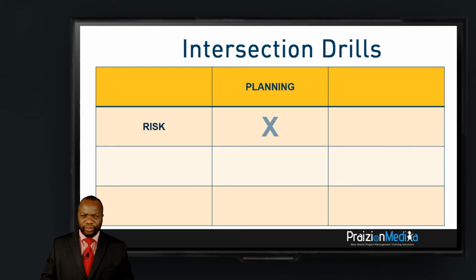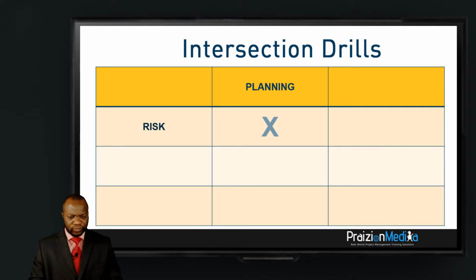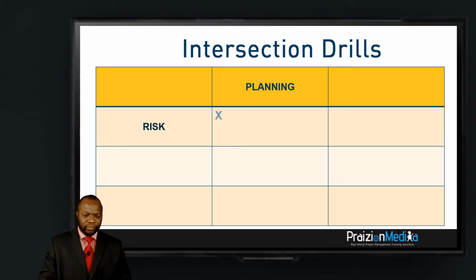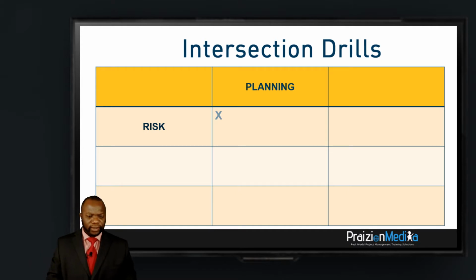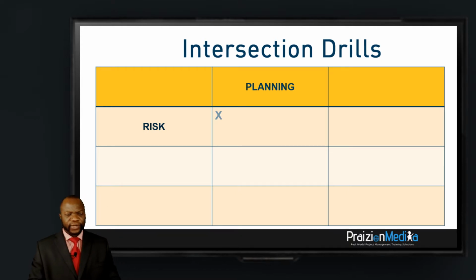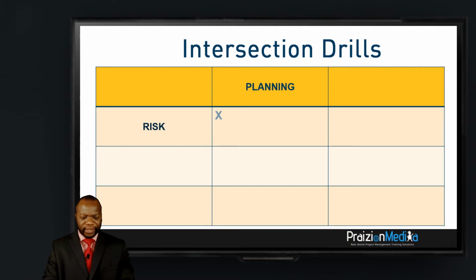You could take out a piece of paper and write it down, or you could just go through the processes in your mind. First of all, how many are there and what are they? Five, 4, 3, and 1. All right, let's talk about these. The very first process is plan risk management.